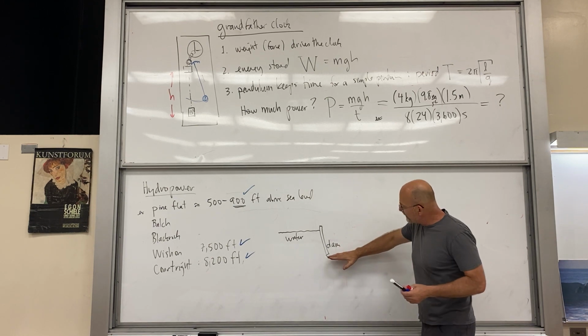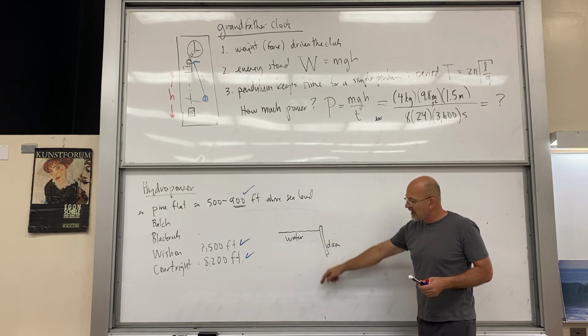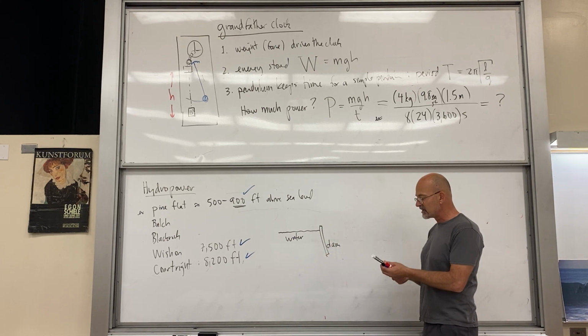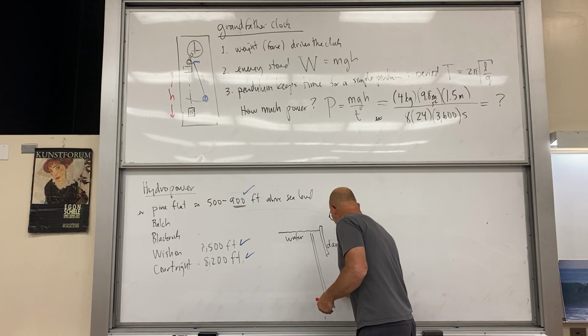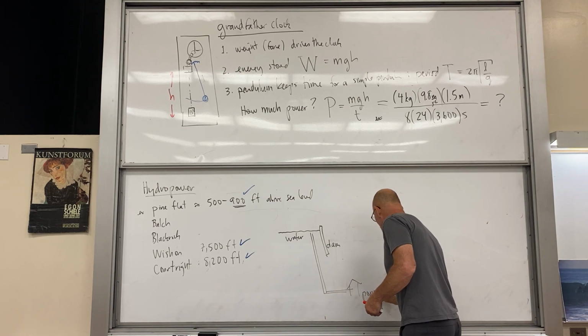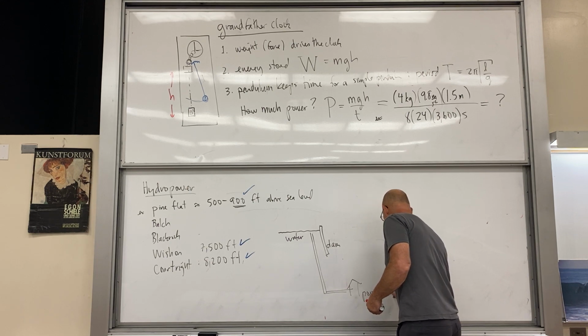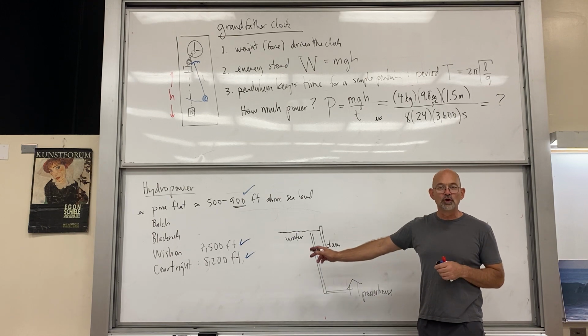And then either at the base of the dam there's a powerhouse, or thousands of feet down the side of the mountain. In the second case, they run what's called a penstock, and I'll just draw the powerhouse down here. This is where the generators are that generate electrical power, which you'll study in Physics 2B, right?